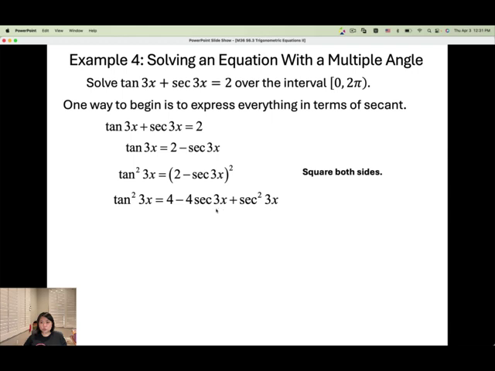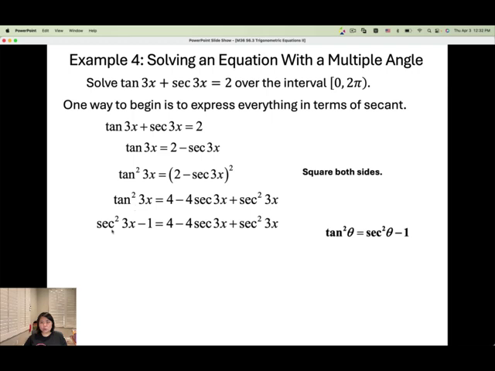Since we have a secant here, we try to convert the tangent to secant. Remember the formula? You should have tangent squared theta plus 1 equal to secant squared theta. So tangent squared theta will be equal to secant squared theta minus 1, just like this guy here. Then we simplify it.